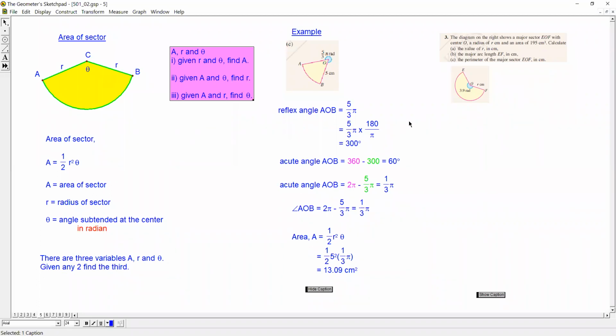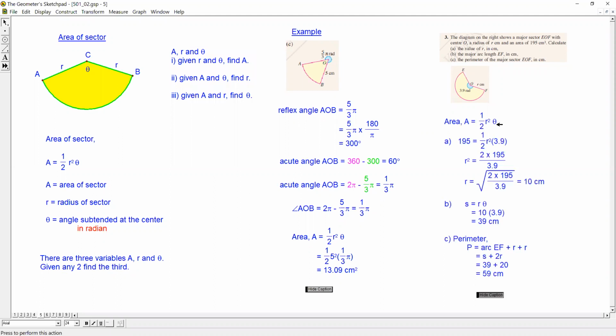So don't be afraid. You already learned in your moral education, Berani kerana benar. Benar kah? Benar. I remember the formula, right? The formula is A equals half r squared theta. And this formula is given if you look at the exam question booklet.